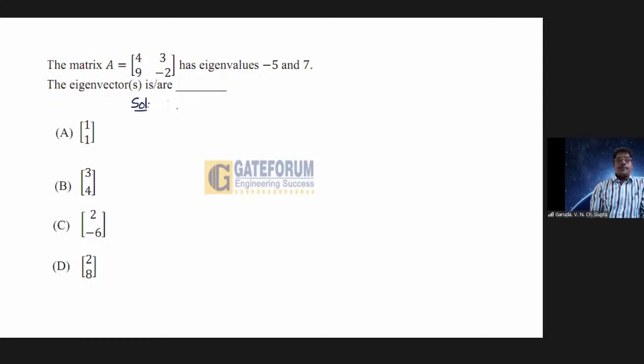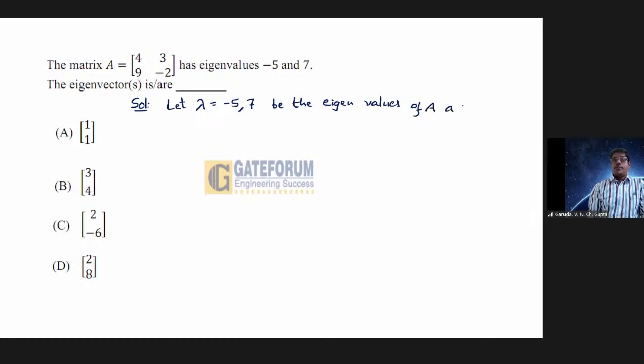Solution. Let lambda is equal to minus 5, 7 be the eigenvalues of A, and X, capital X, because of the 2 by 2 matrix here, is equal to x, y, be an eigenvector.